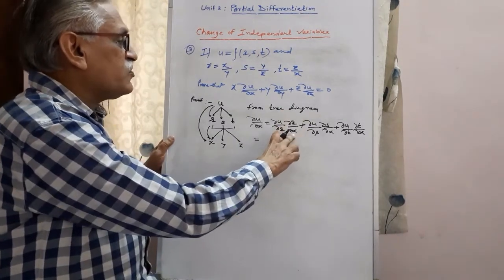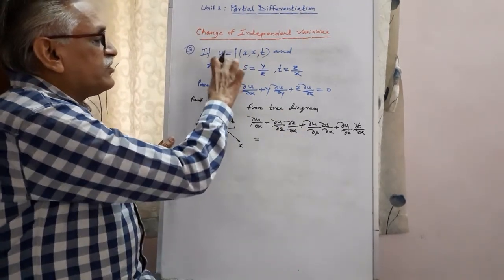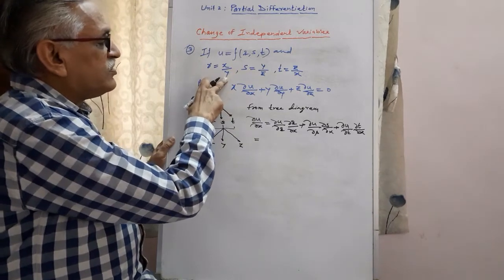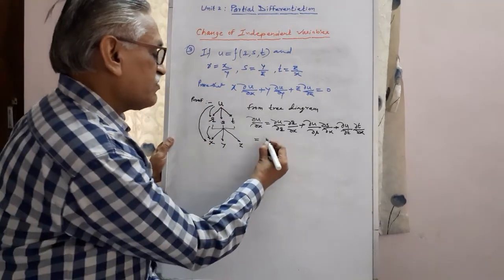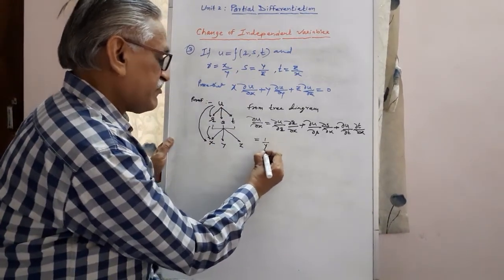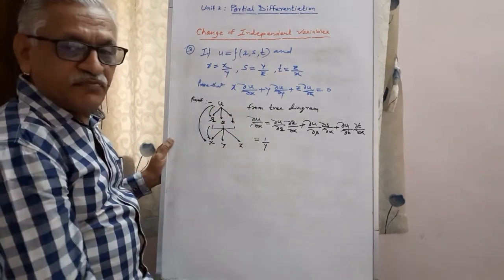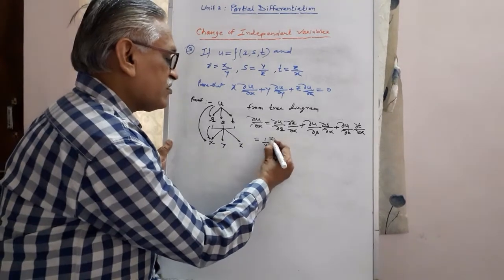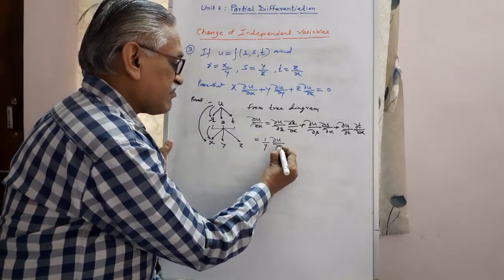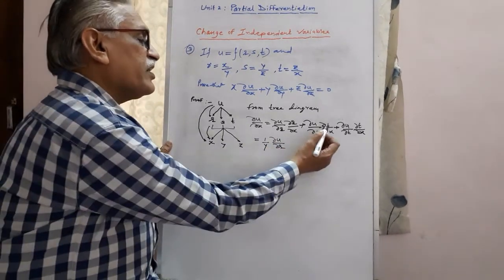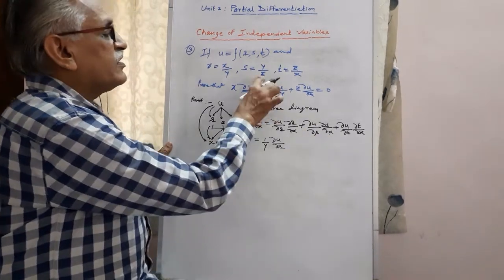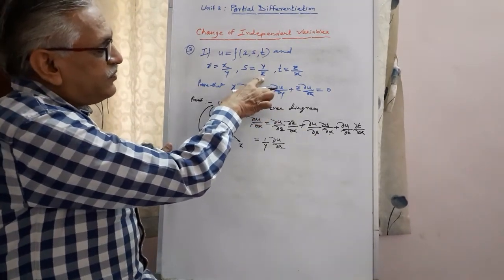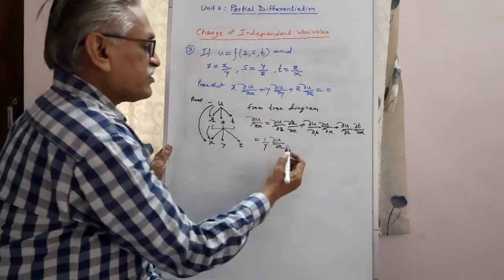Differentiating r with respect to x, therefore the derivative of this with respect to x, keeping y constant, 1 by y is a constant term outside, the derivative of x is 1, into this we get 1 by y into ∂u/∂r. Then differentiating s with respect to x, it is not a function of x, therefore its derivative with respect to x is 0.